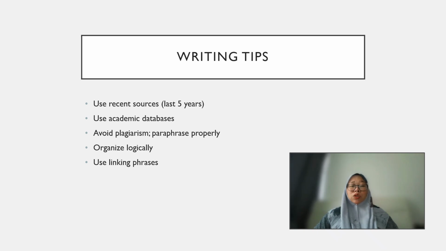Organize your literature logically by theme or by variable. You should use linking phrases such as however, in contrast, or similarly, to show flow and coherence in your writing of the literature review.